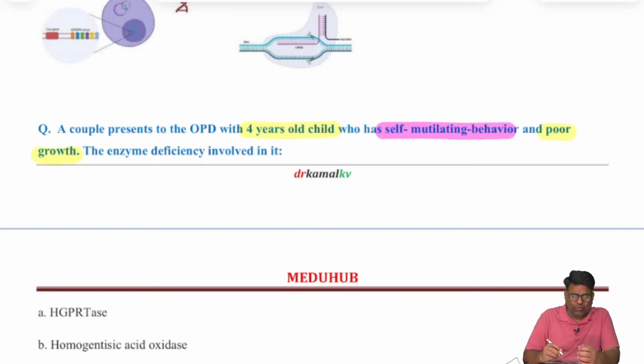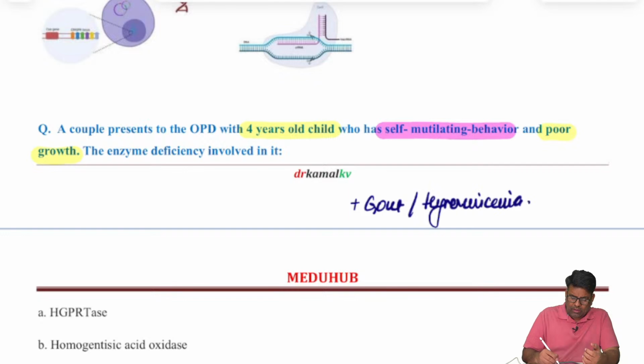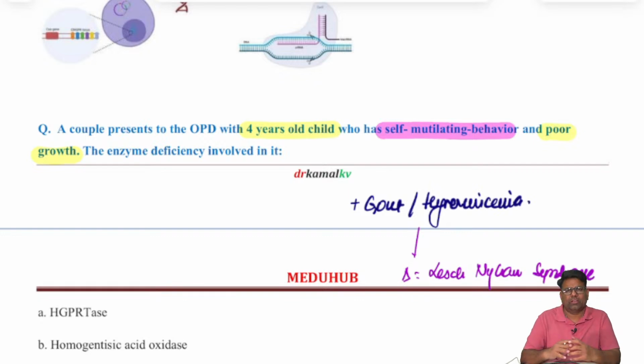Now, the moment you find the words self-mutilating behavior with poor growth, sometimes there may be gout, or what you call hyperuricemia. The moment you have this kind of picture, very classically, you can just say that this is a case of Lesch-Nyhan. Again a topic which has been asked over the years.